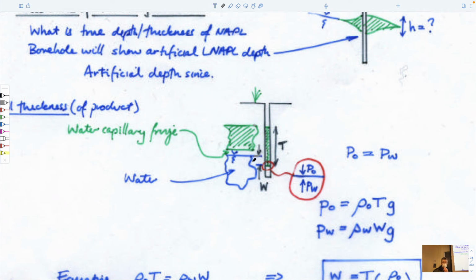We know that the oil table has to be at zero atmospheric pressure at this point. We know that this has to be zero pressure at the top of this as well. And so we can use that to understand exactly what the pressure must be within the borehole, the water pushing upwards, and the gasoline pushing downwards at this interface.